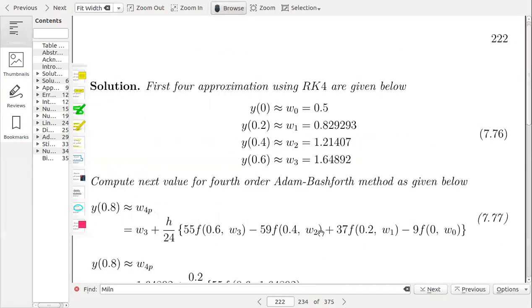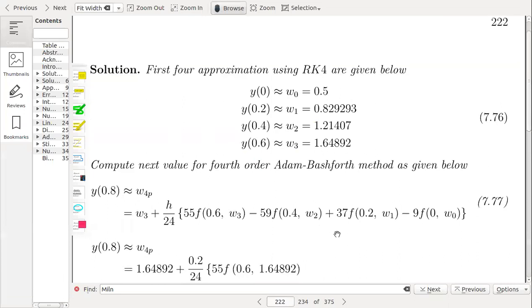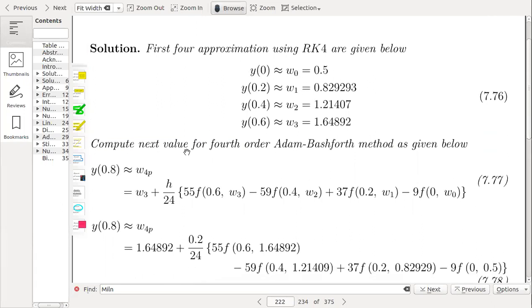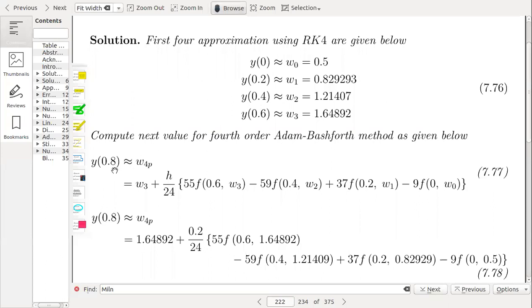So let's start to compute. Here you see the first 4 values are obtained using RK4, the classical Runge-Kutta method. Compute the next value for the fourth order Adams-Bashforth method as given below. So the next value will be y at 0.8. Why? Because the initial value is 0 and then we add the step size, we get 0.2, then 0.4, then 0.6, and next is 0.8.